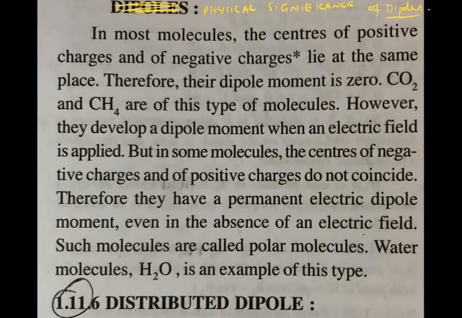Suppose you place them in an electric field, what happens? If placed in an electric field, the positive charge is attracted towards the negative plate. That means the positive charge will move in the direction of the electric field and the negative charge will move in the opposite direction. As we know, positive charge will experience force in the direction of the electric field and negative charge will experience force in the opposite direction.